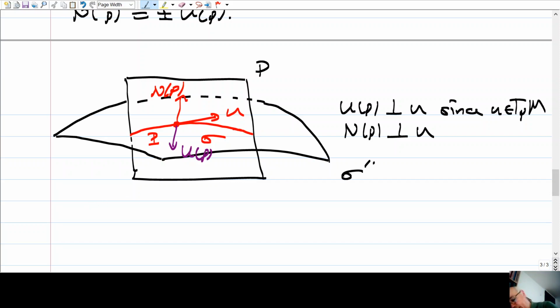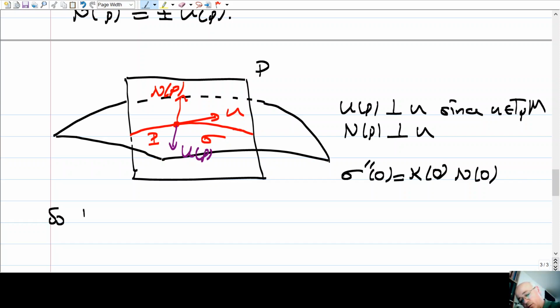And here we note that the length of the acceleration vector is just the curvature, and the direction of this is the principal direction.